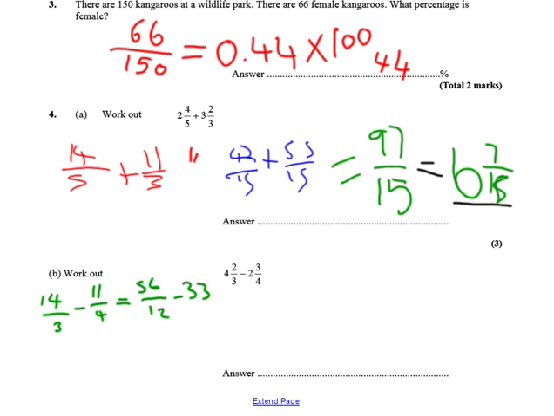So whatever's happened to the bottom number must happen to the top. So 14 turns into 56, 11 turns into 33. Then if we do 56 take away 33, we're left with 23 over 12. If we convert that to a mixed number, we would get 1 whole 1 and 11 over 12. Thank you very much, Rahima.